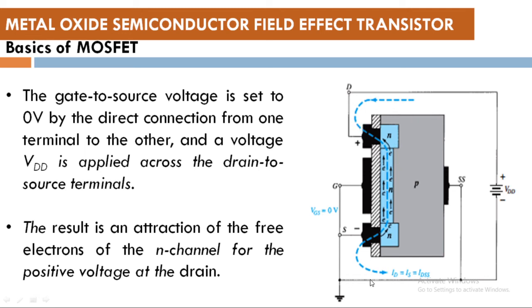So, when VGS is 0, the maximum current that we will get is IDSS, similar to the junction field effect transistor.